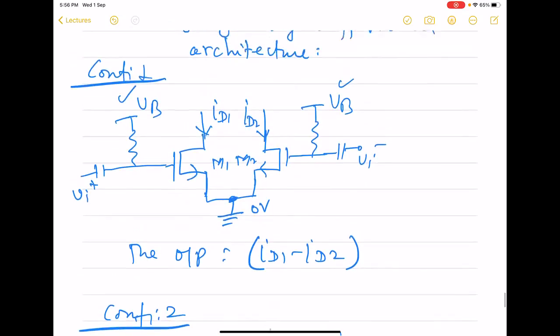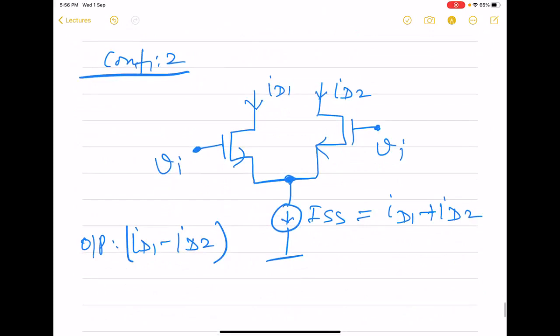So in the previous configuration, the sum of ID1 and ID2 need not be fixed, ID1 plus ID2 is not constant. But the source voltage is constant. Here the source voltage is not constant. This can change, but the total current is constant.